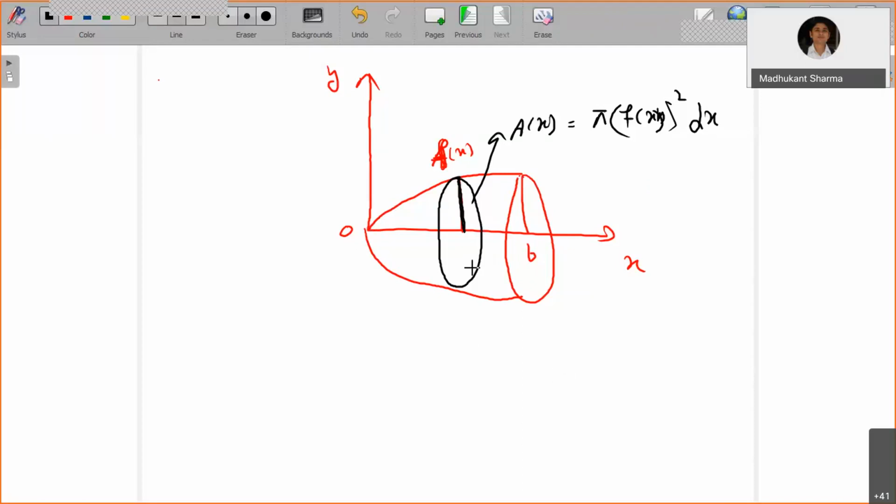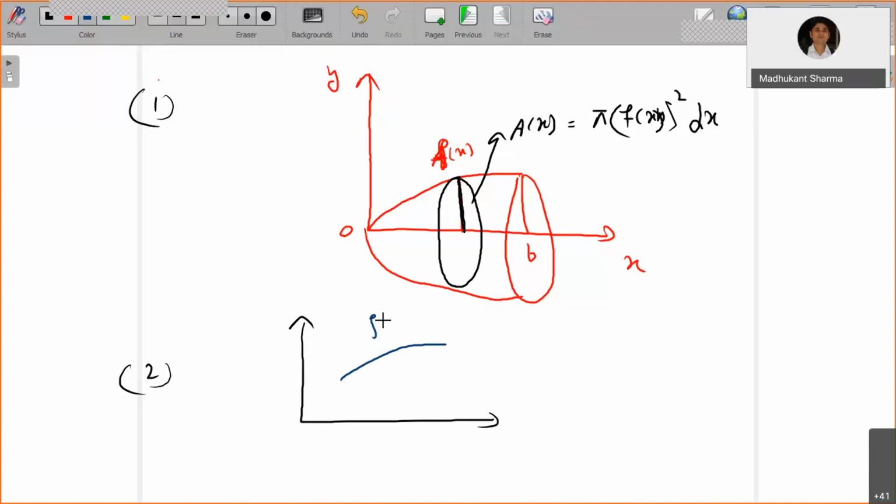This is one example. You can see another example; it may not start from 0. Let's say you have a curve like this, y equals f of x. If you rotate it about the x-axis, you are going to have a kind of cylinder.